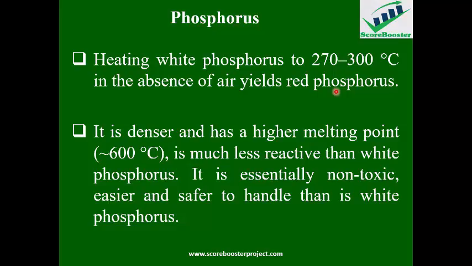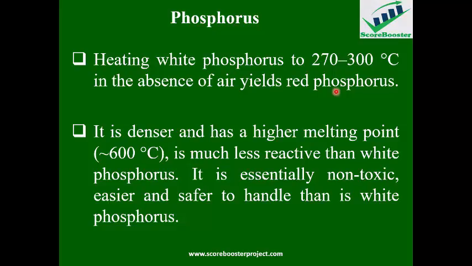The red phosphorus is the other allotrope of phosphorus that is denser than white phosphorus. It has a higher melting point than white phosphorus. Don't forget, we have heated white phosphorus and it has transformed to red phosphorus.